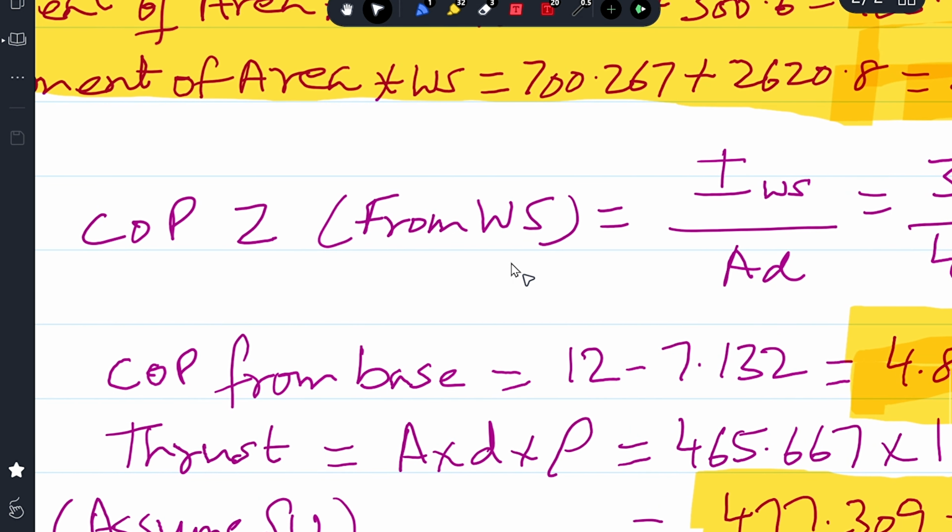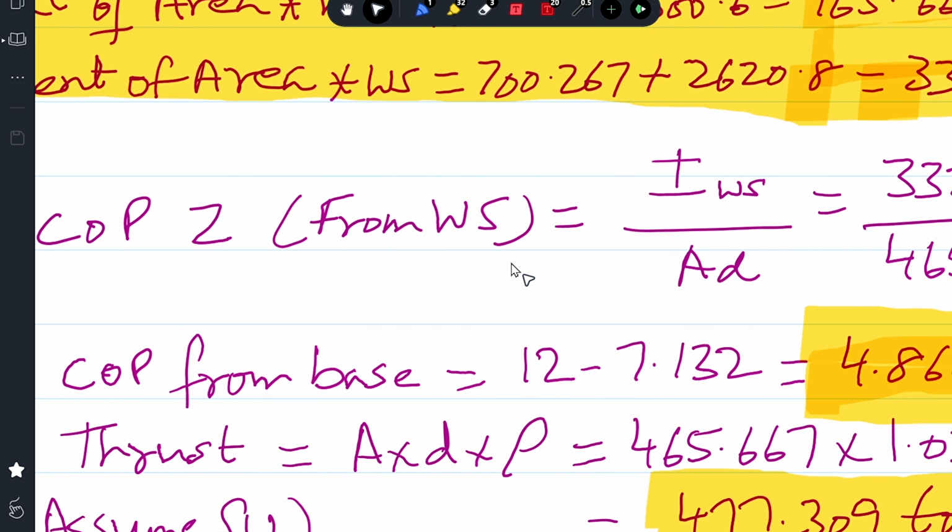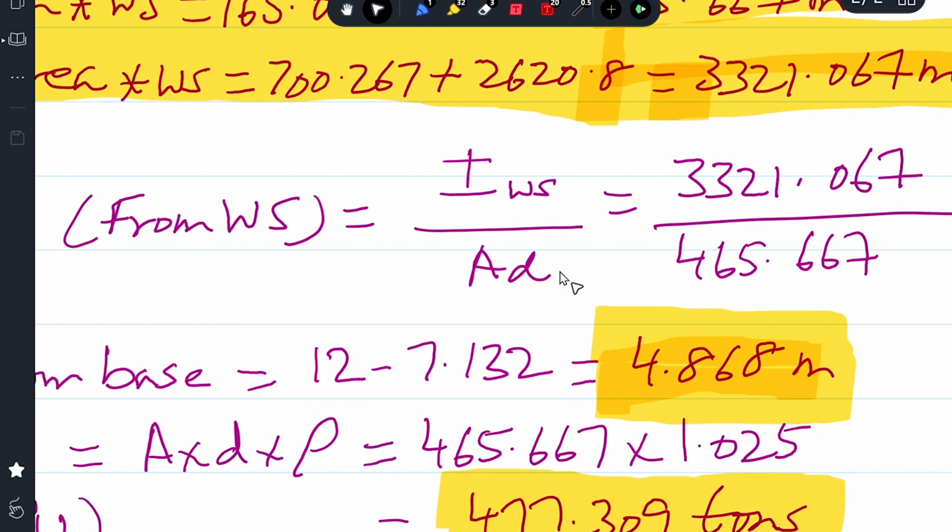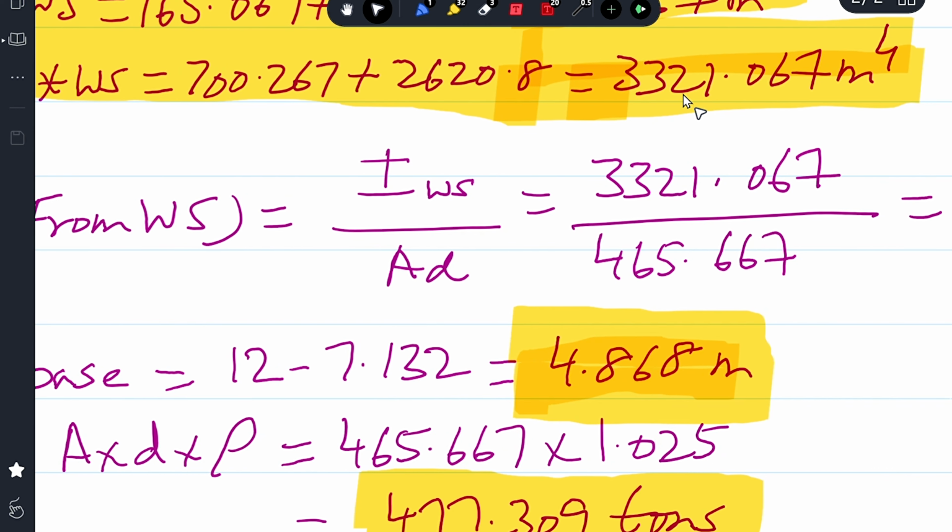Center of pressure from WS, from the top water surface, called Z, and the formula is moment of inertia, which is second moment of area about water surface, upon area, immersed area of the bulkhead, multiplied by the distance of the centroid of the immersed area, again from water surface. So IWS we have found, the total second moment of area, is 3321.06.